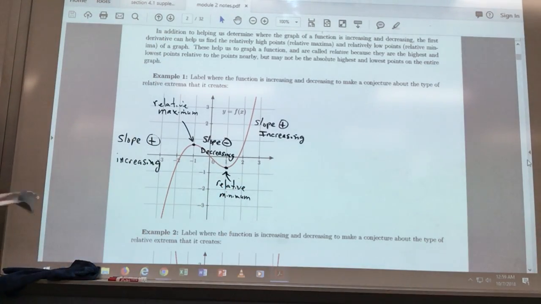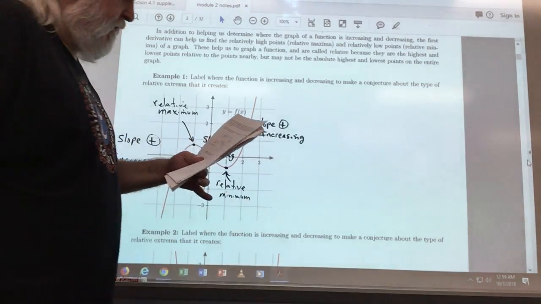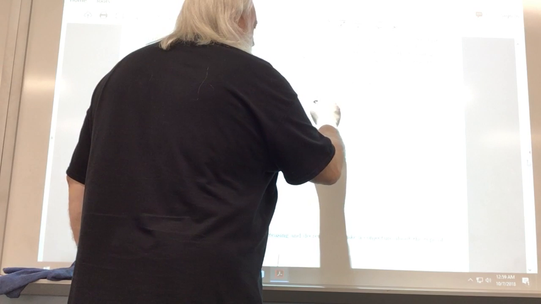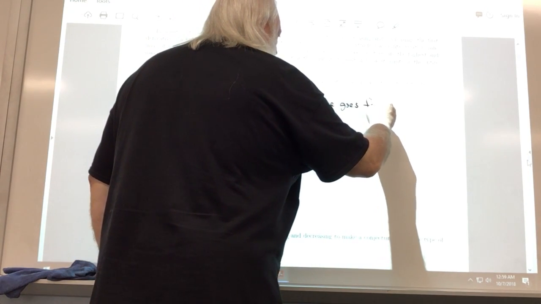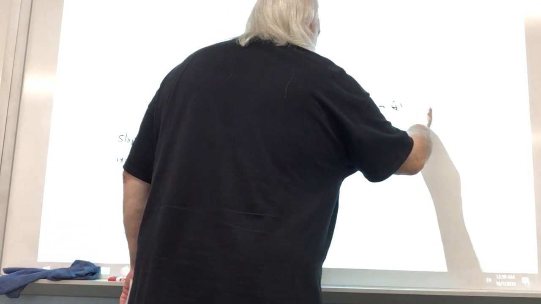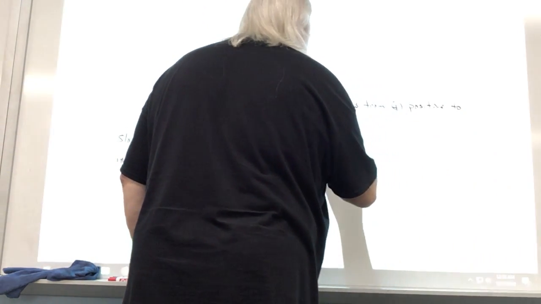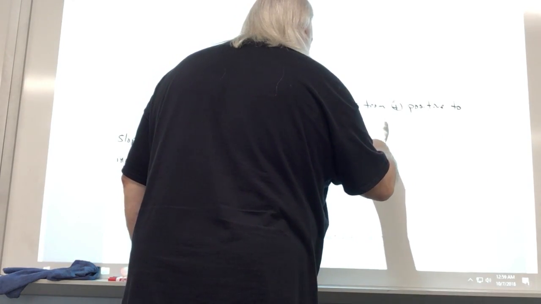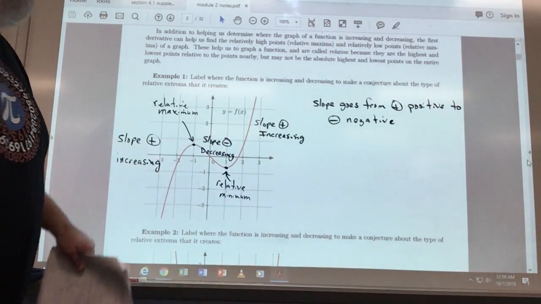So we can put this in words. If the slope goes from positive to negative, that yields a relative maximum.